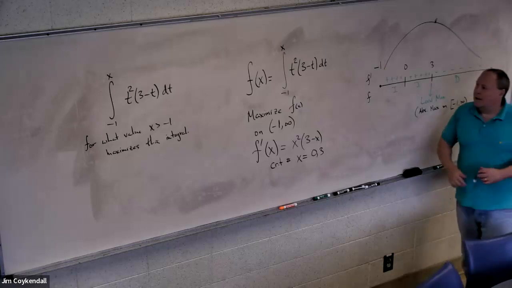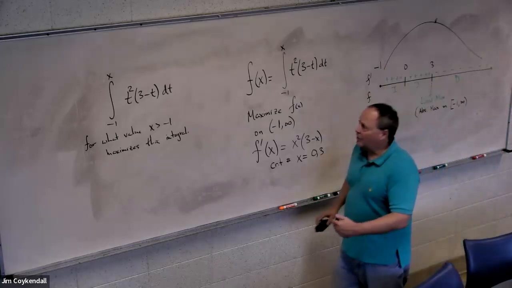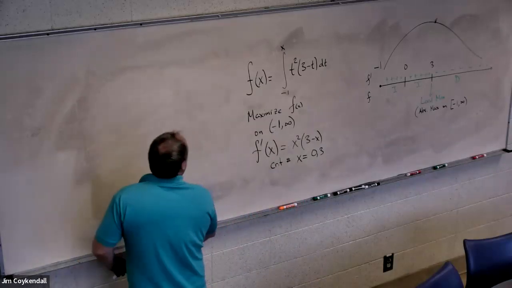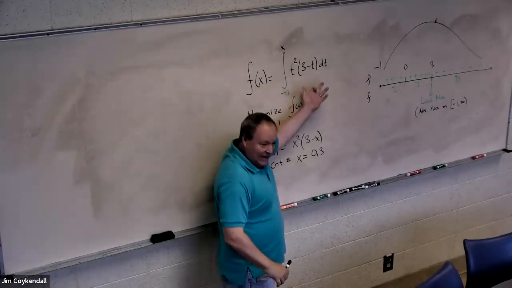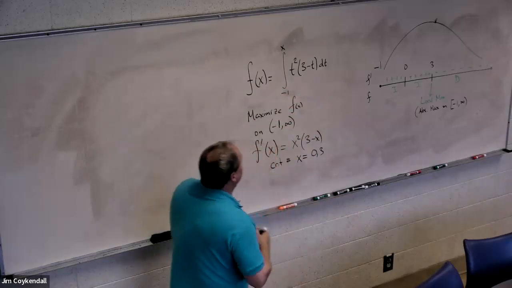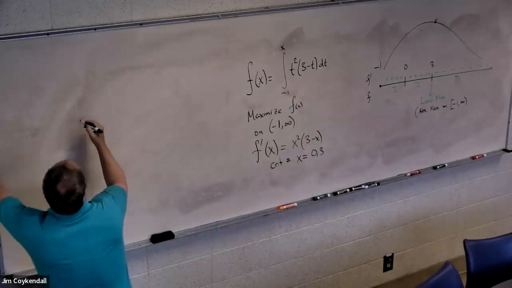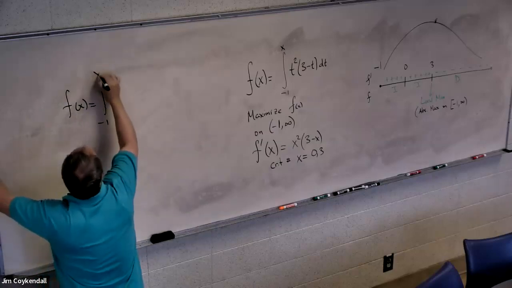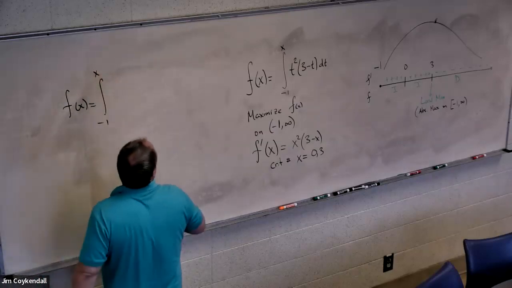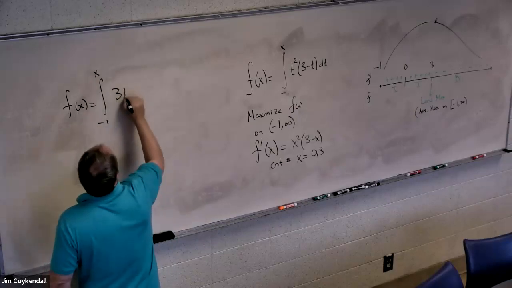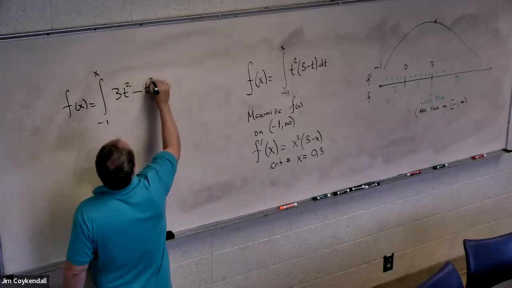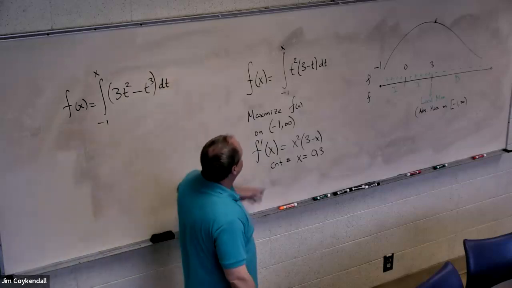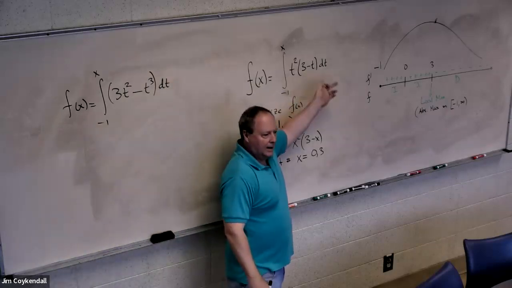By the way, here's another way I could have written the problem and gotten the same answer. You can actually write down what f of x is in this particular example. Because f of x is the integral from -1 to x of 3t squared minus t cubed. Everybody see where I got that, multiplying that out?